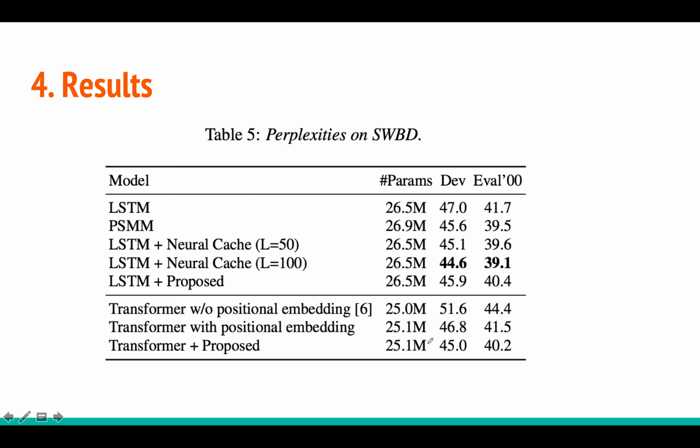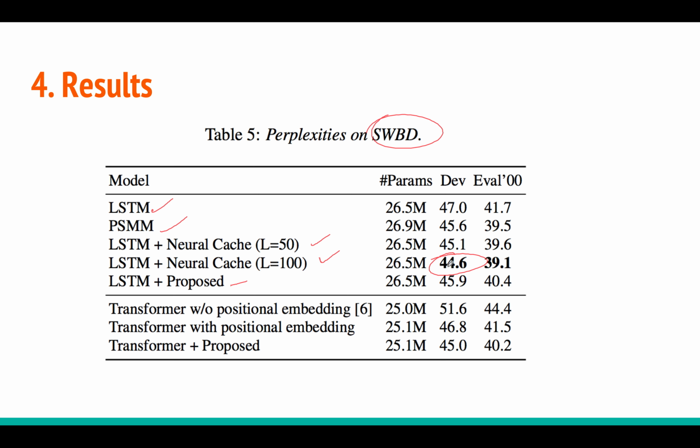Now to see perplexity on Switchboard, which is a speech recognition data set, they have again tested multiple models. The plain LSTM gets a very bad perplexity, and if they add neural cache to LSTM, they get about 44, which is good, but it looks like the proposed approach is not as good as the neural cache paper.